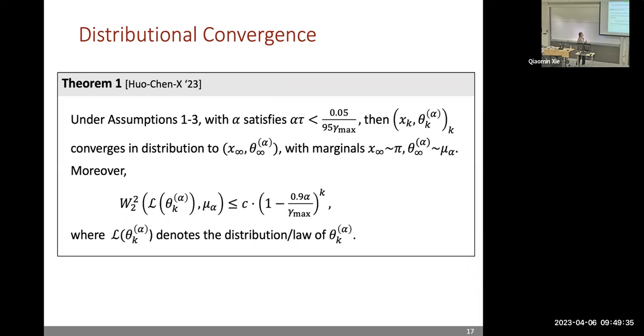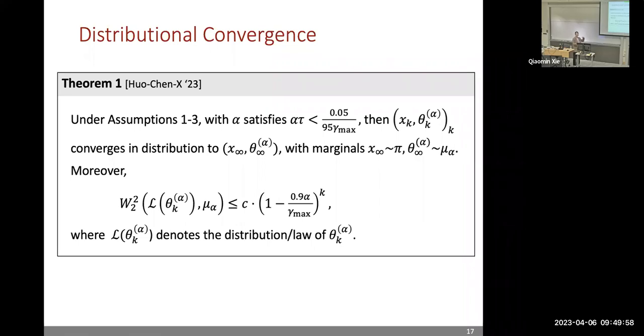The limiting distribution has the marginal distribution for the xk sequence, which we know is just the stationary distribution by itself. And the marginal distribution for the theta parameter, we denote by mu alpha, which depends on the step size alpha.